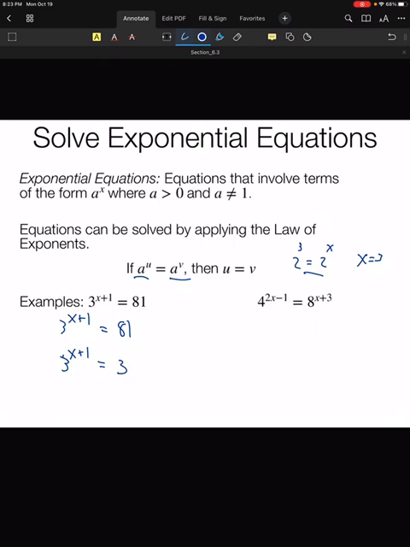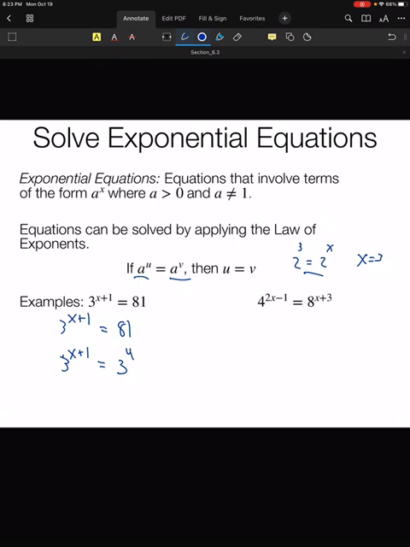But now we have to think, 3 raised to what power is 81? I know this might be hard for you, but I know you can do it. 3 squared is 9, clearly not it. 3 cubed, 3 times 3 is 9, times 3 is 27. So 3 cubed is 27, but 3 to the 4th power is 81.